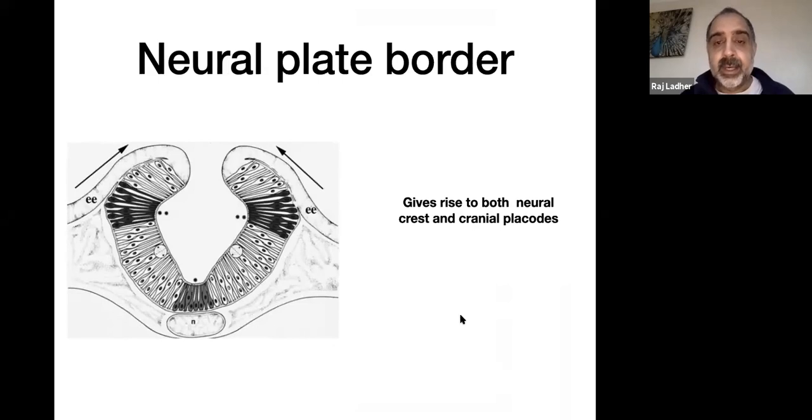So what we're going to do today is talk primarily about neural crest and cranial placodes and how they form, how they give rise to various components, and how these would be integrated to form, for example, cranial nerves, how the neural crest will give rise to jaws, for example, and then the open question of how muscles form as well.